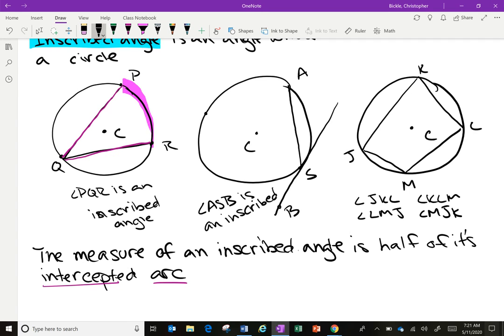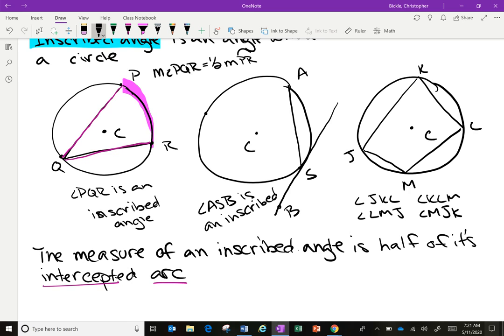So we know that the measure of this angle is half the measure of the arc. So I could say here that the measure of angle PQR is 1/2 the measure of, and that's not an angle, that's the arc PR.